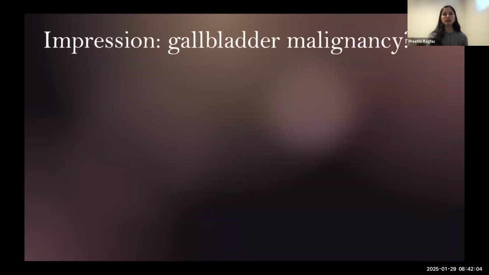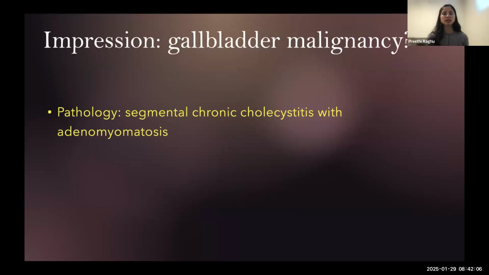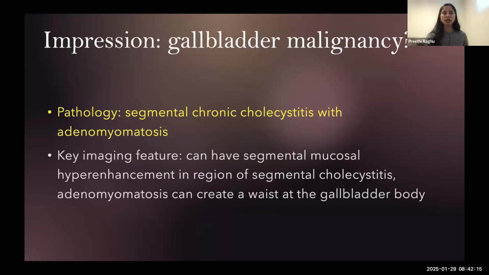So in this case, we're not actually worried about gallbladder malignancy. This is actually segmental chronic cholecystitis of the gallbladder fundus with adenomyomatosis in the gallbladder body. And so you can get this kind of sequestration of part of the gallbladder in the setting of segmental adenomyomatosis, and then get chronic cholecystitis of the part that has stasis.